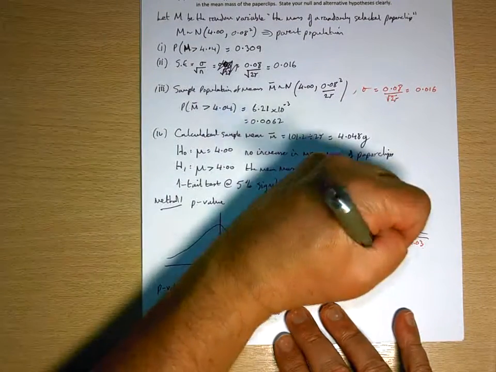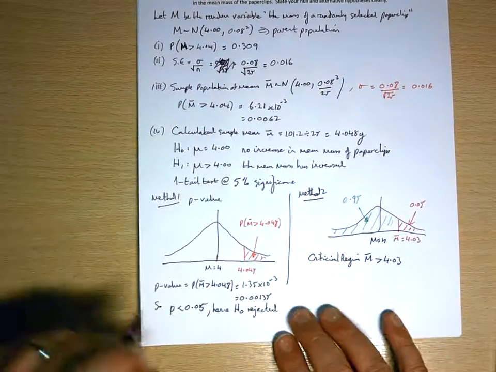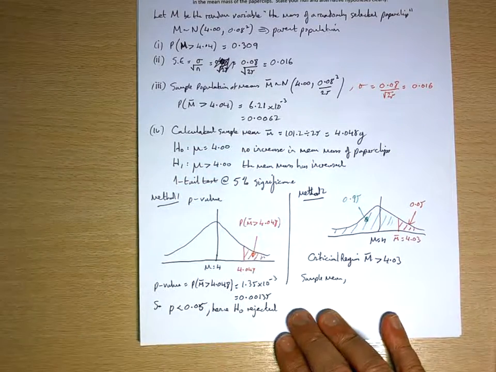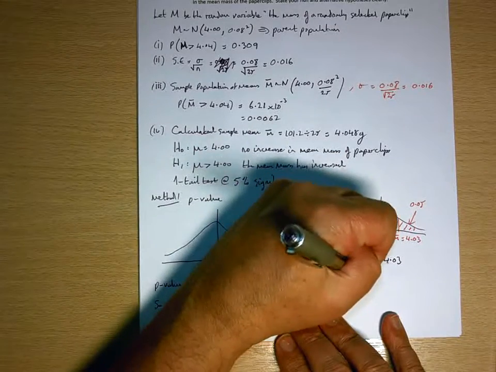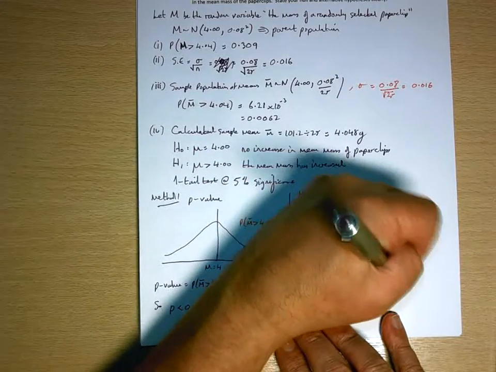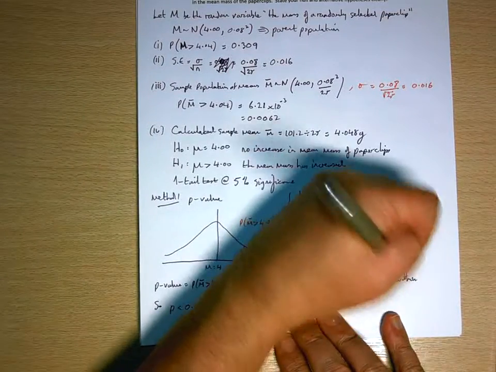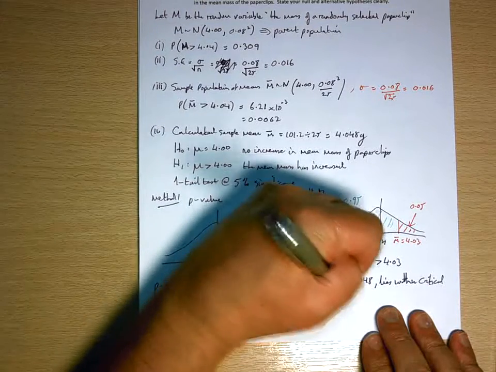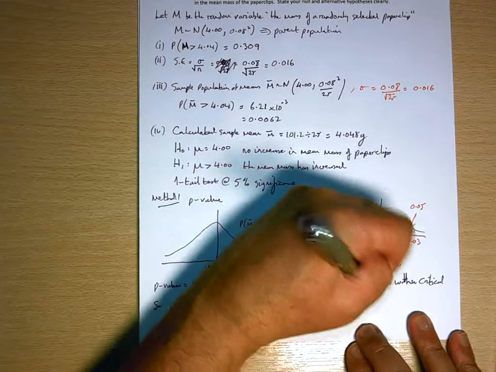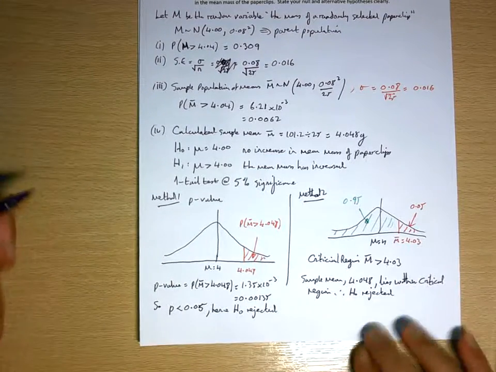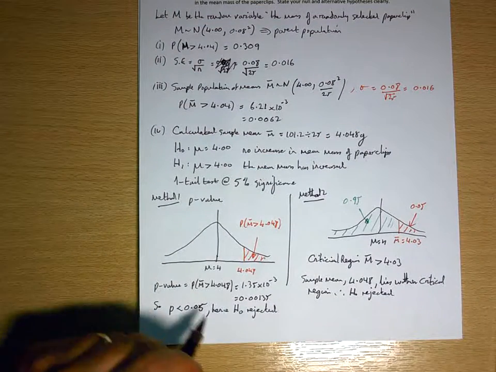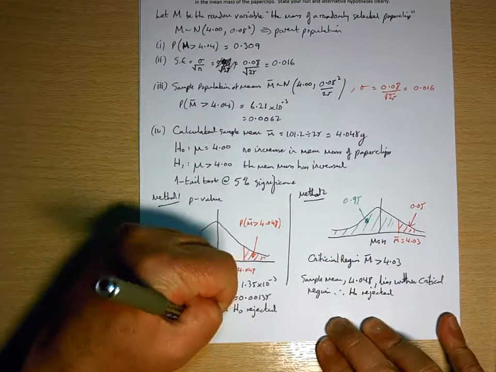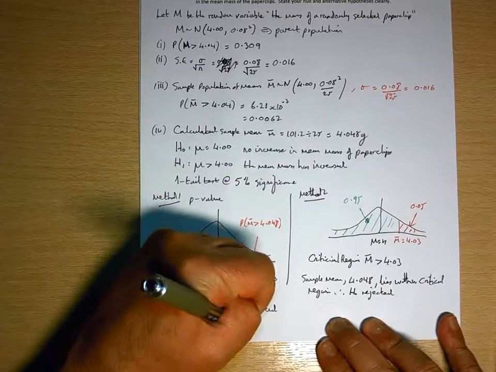So the critical region has a mean greater than 4.03, sample mean of 4.048 lies within critical region, therefore H0 rejected.